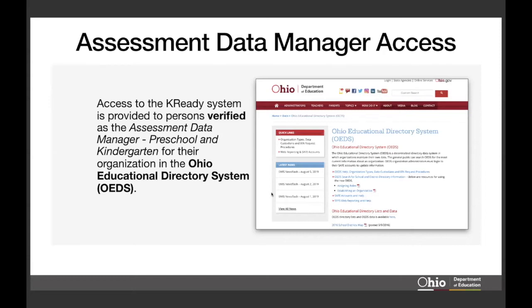You can also contact the help desk for assistance with this process. For programs licensed by the Ohio Department of Jobs and Family Services who are not established in the Ohio Department of Education's directory system, the data manager can be assigned to any administrator listed in the Ohio Child Licensing and Quality System, OCLQS.